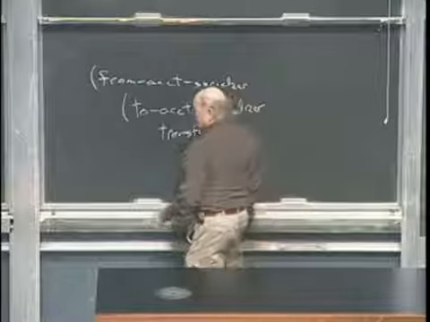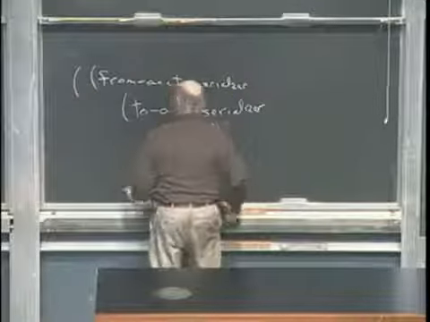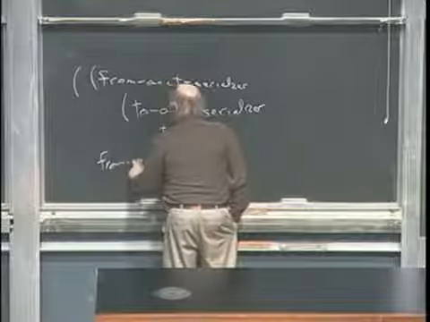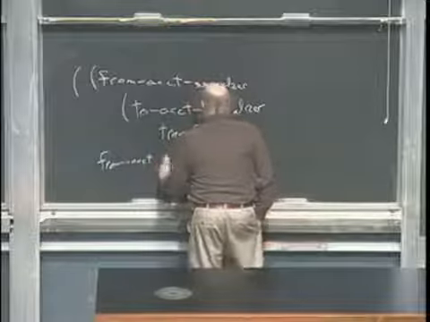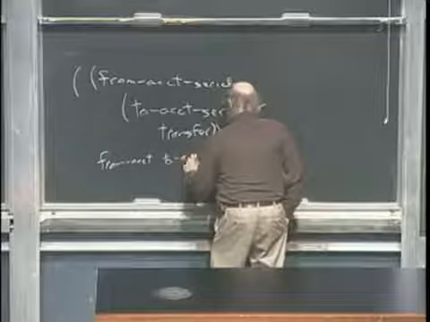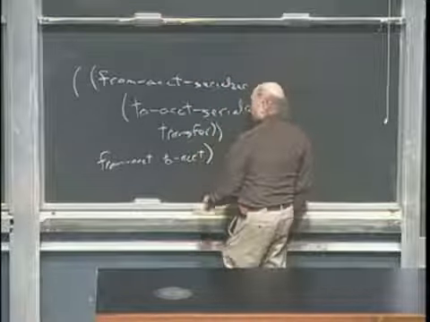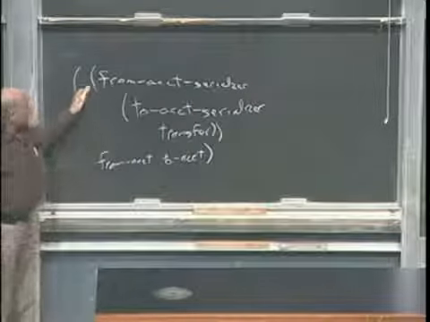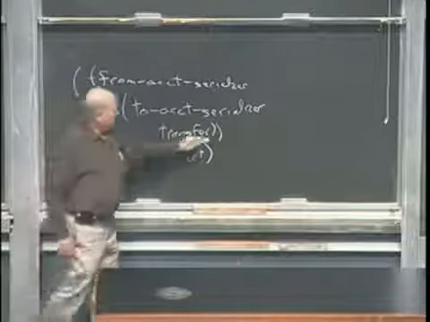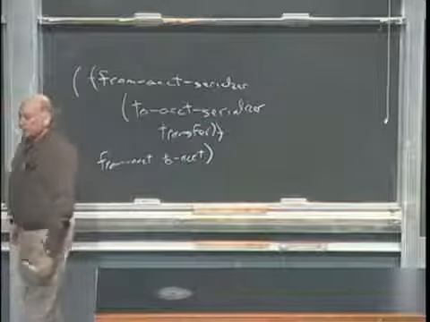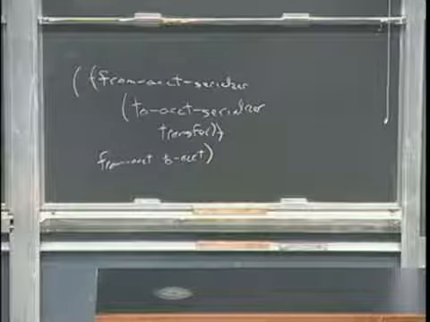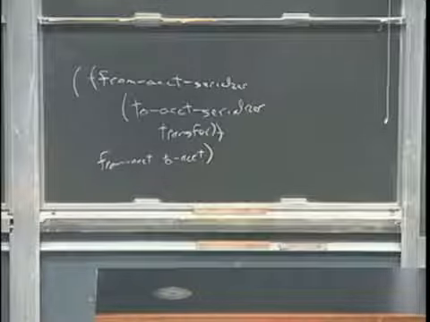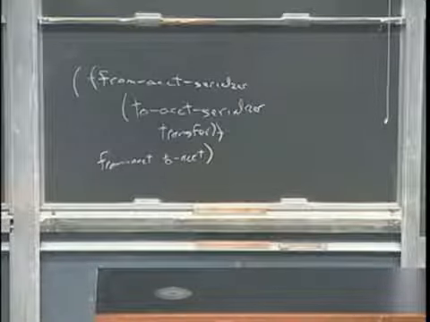And I'm going to call that with from account and to account as its arguments. Okay? So everything from this parenthesis to this one is getting me a version of the transfer money procedure that's protected with respect to both accounts.